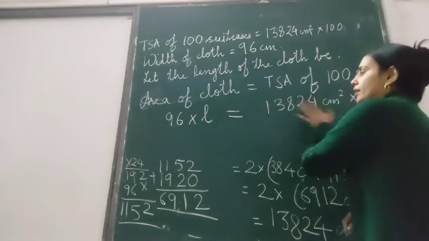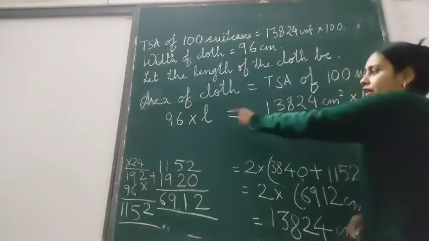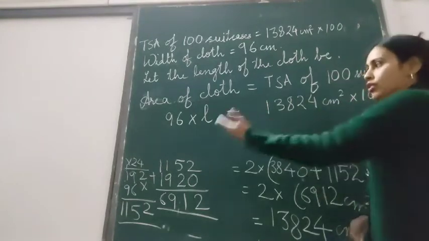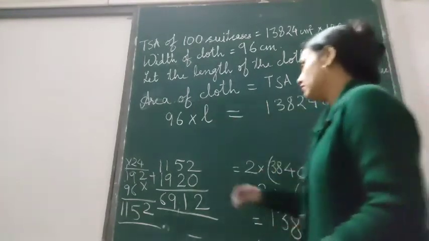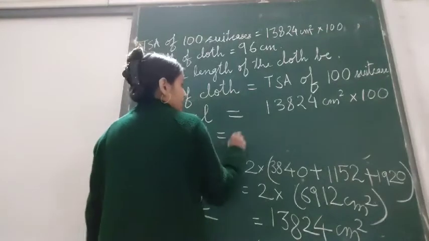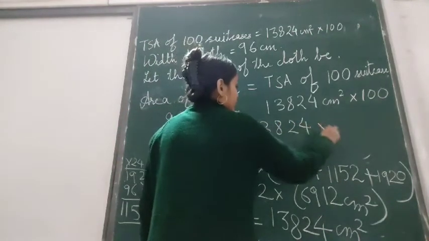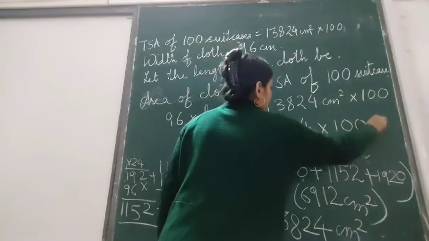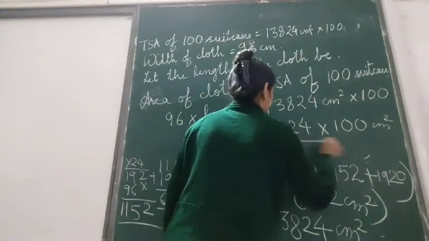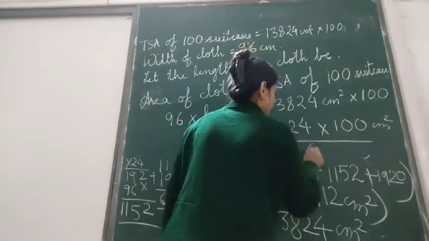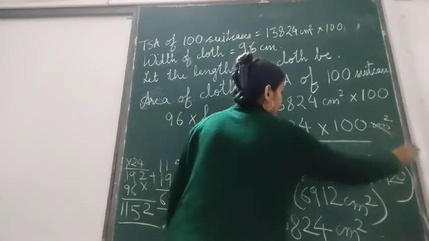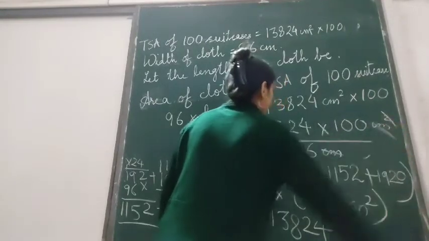Correct? So they will be equal. Now from here we can get the value of L. How? We shift this 96 this side. So L is equal to the total surface area over 96, and centimeter gets cancelled.